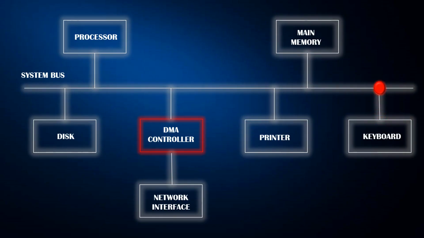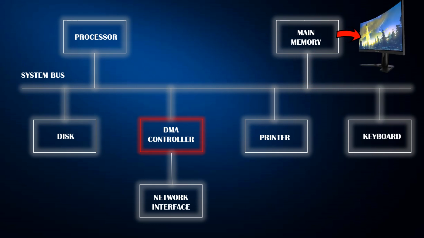Here when we press a key in a keyboard, the signal will be sent to the DMA controller and the DMA controller will give access to the main memory, and then the main memory will process it and give the output signal to the monitor. So this is the working of DMA controller.